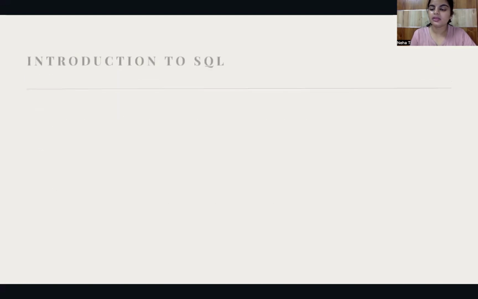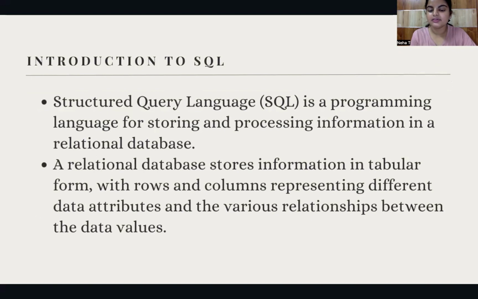So, first of all, what is SQL? The full form of SQL is Structured Query Language, and it is a programming language. And what sort of programming language is it? It is a programming language for storing and processing information in a relational database. So, what is a relational database? A relational database stores information in tabular form.